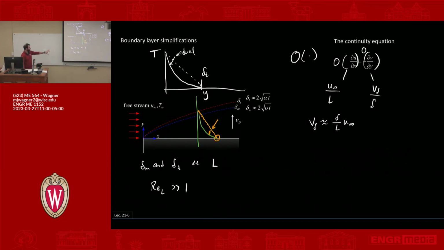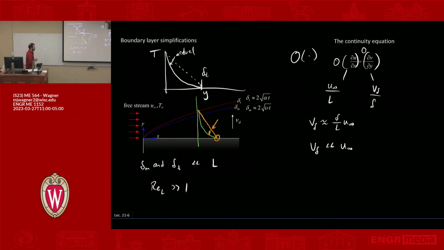So with these assumptions, what can we conclude about the relationship between the y component of velocity and the x component of velocity? We can say that the y component of velocity is very small. How would we write that out? We would just say v sub delta is much less than u infinity.